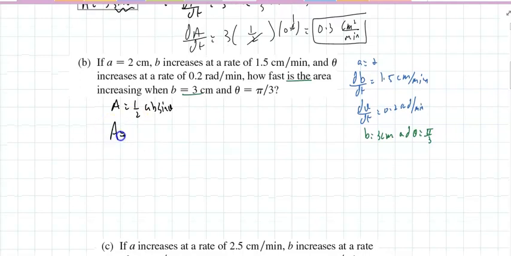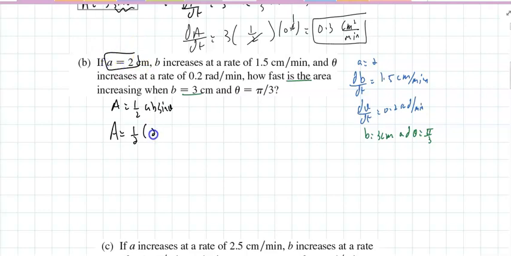So area equals, if I plug in what I have, I know that A is 2, B the sine of theta. So if I take dA dt, that's the product rule. Derivative of the first times the second plus the first times derivative of the second. The derivative of sine is the cosine of theta d theta dt.